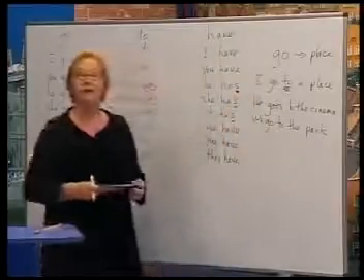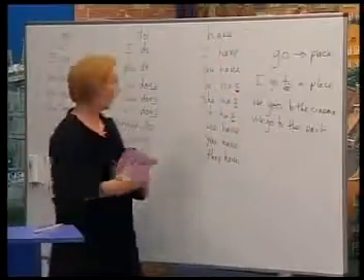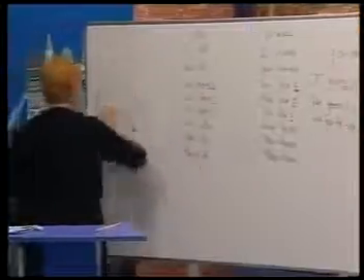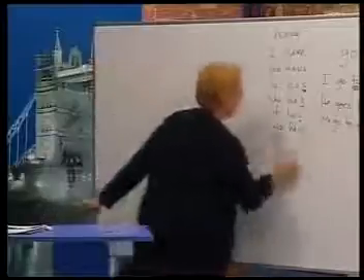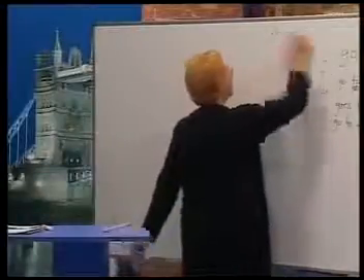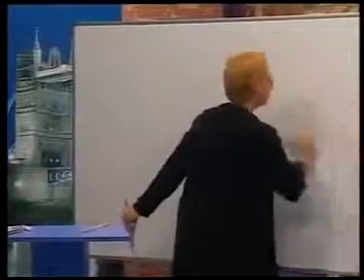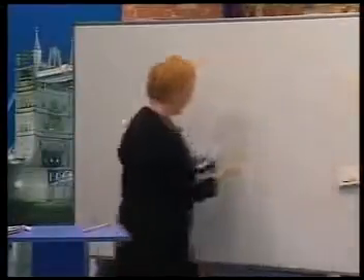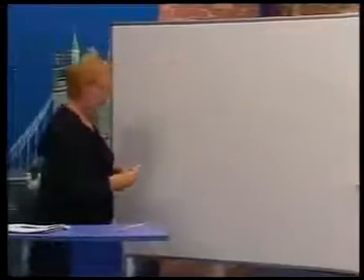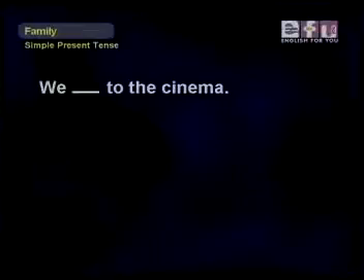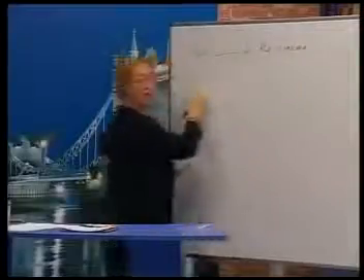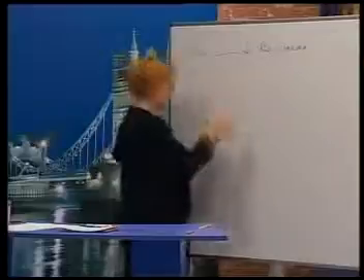Okay? Now, let's practice. Let me erase the board. First, I'm going to write some sentences on the board with blanks in them, and you're going to fill in the blanks. So here come the sentences, and assistants later, you will help me. Here's the first one. We blank to the cinema.